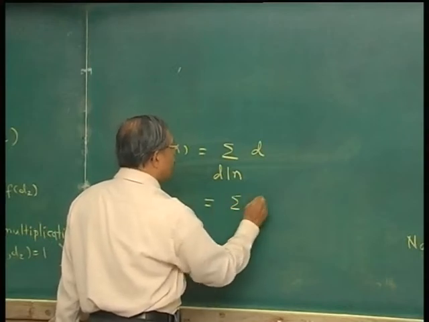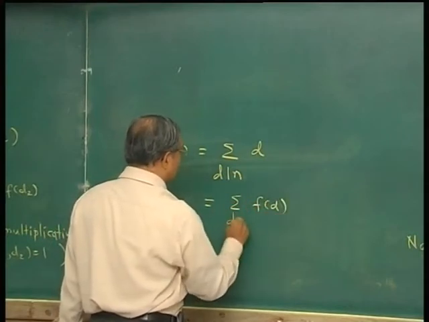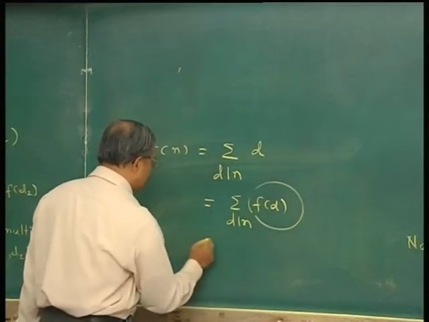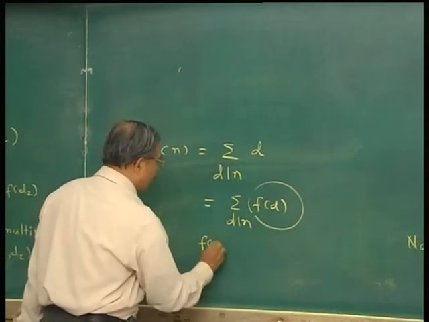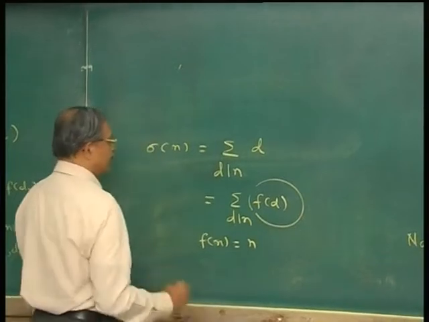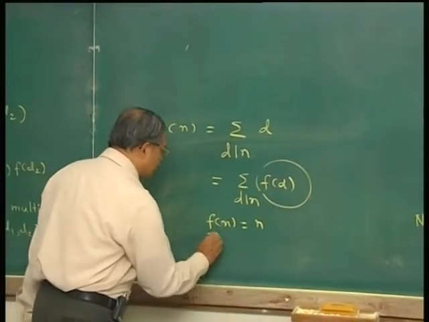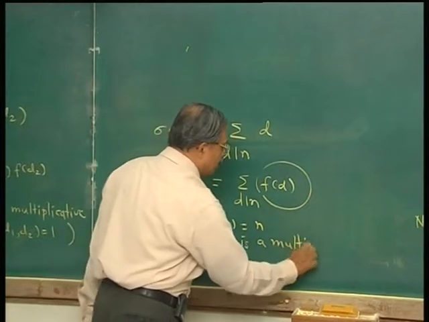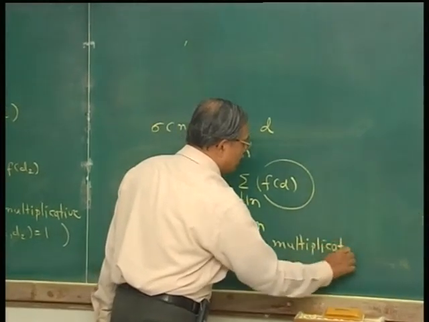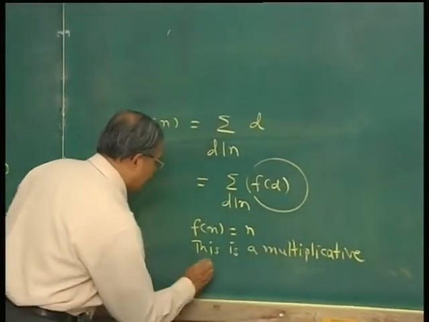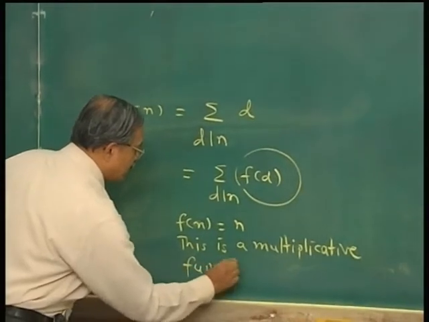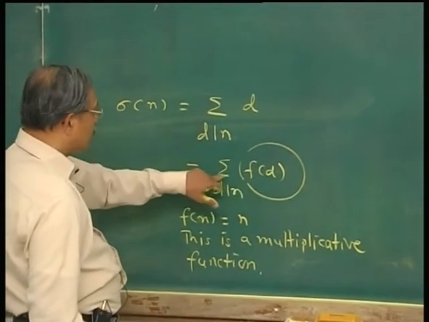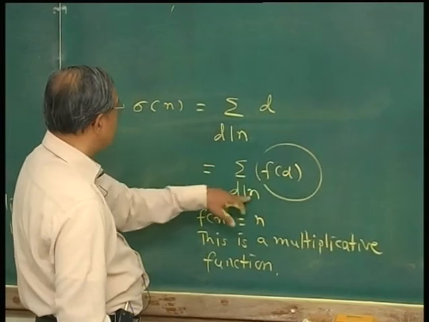This is summation f(d), d divides n, and this f(d) was d. So original function is somewhat different. f(n) equal to n, that is the function that we are considering here, and this is a multiplicative function, and therefore the summation of f(d), d divides n is multiplicative.